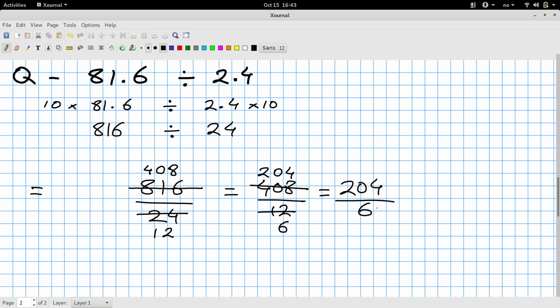204 divided by 6, and they are still both even numbers. So I'm going to cut them again, or divide both of them by 2 again.